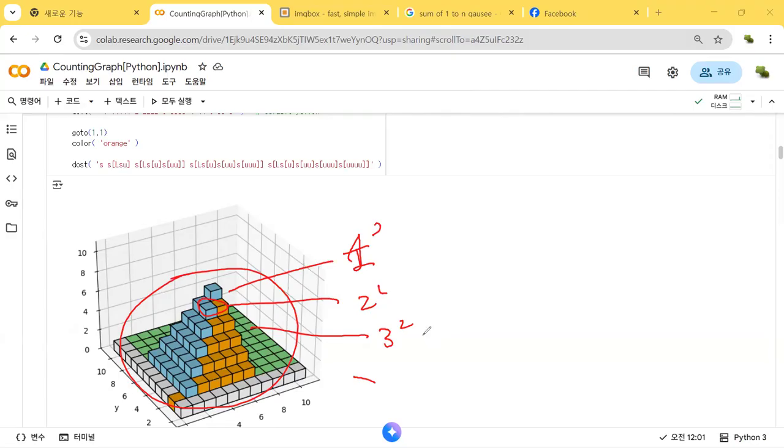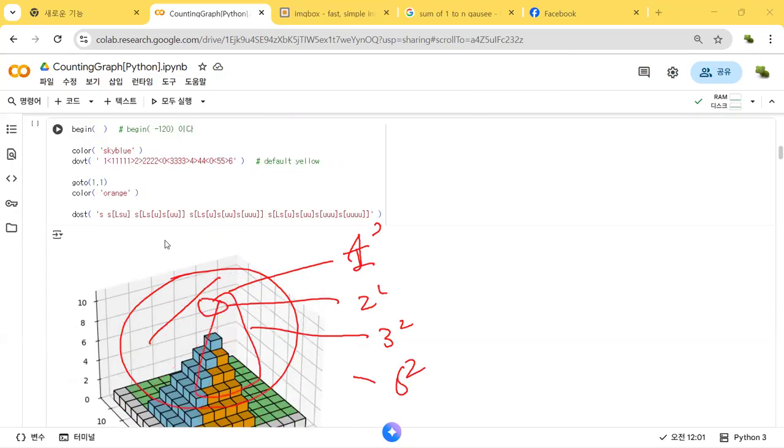Then just consider the orange part. This is tetrahedral number five. Okay. And the blue part is tetrahedral number six. Sky blue part.